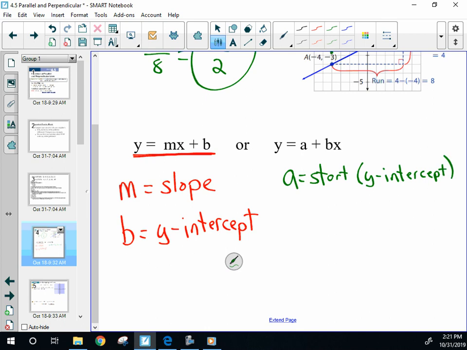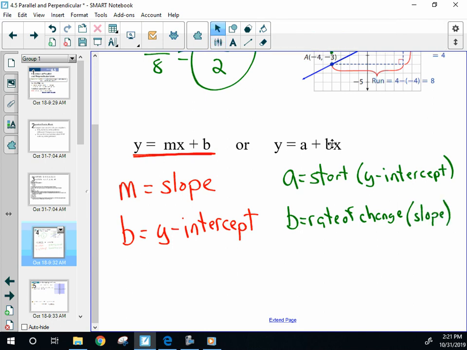Our b in this particular equation refers to the rate of change, which is just the slope. Whichever equation you use doesn't really matter. Just note that the number in front of the variable x is our slope, or rate of change. The number that's by itself is our y-intercept, or the start, the value that we start at.